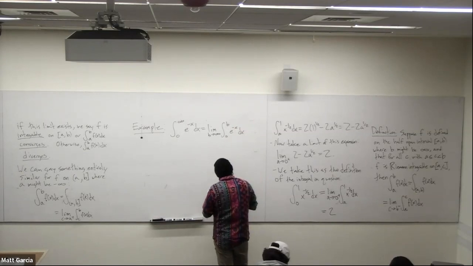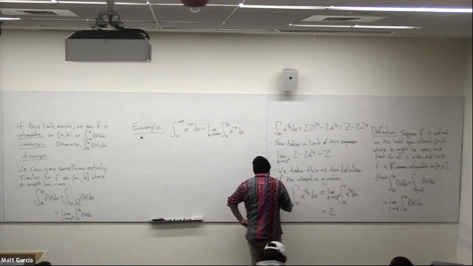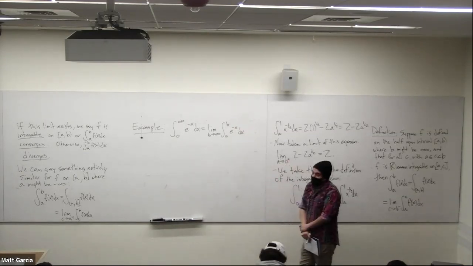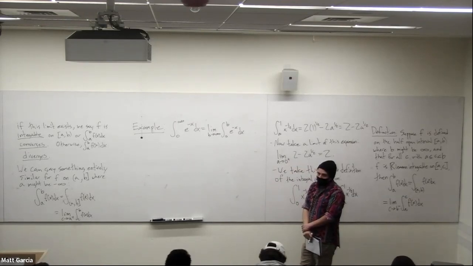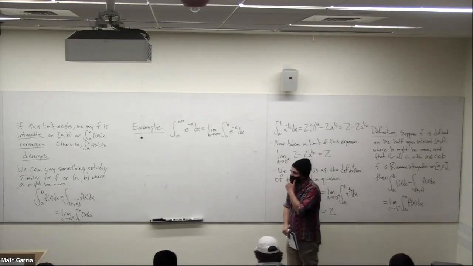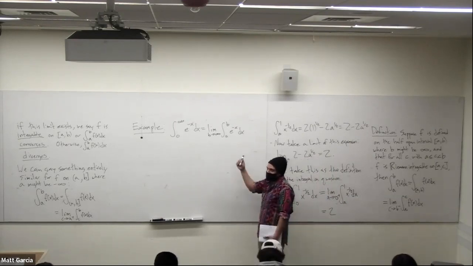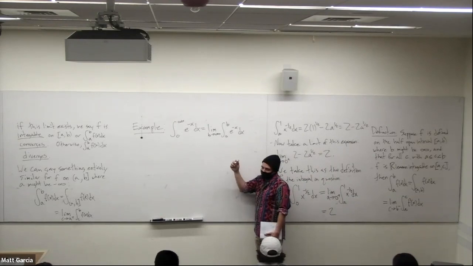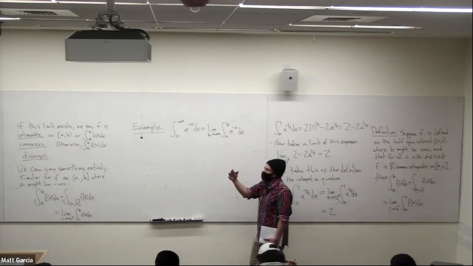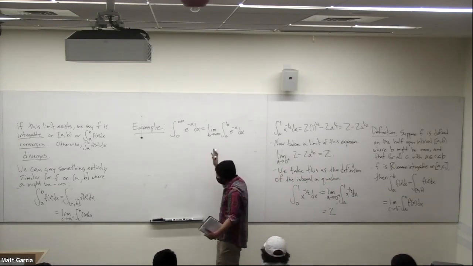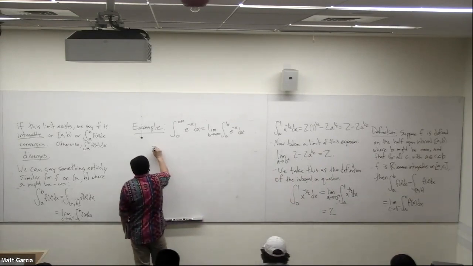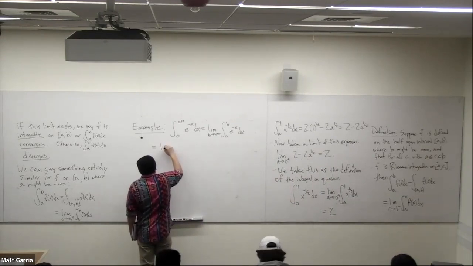Okay, so what's the antiderivative of e to the negative x? Negative e to the negative x. Yeah, right. This is just a u substitution. So the antiderivative here is negative e to the negative x.